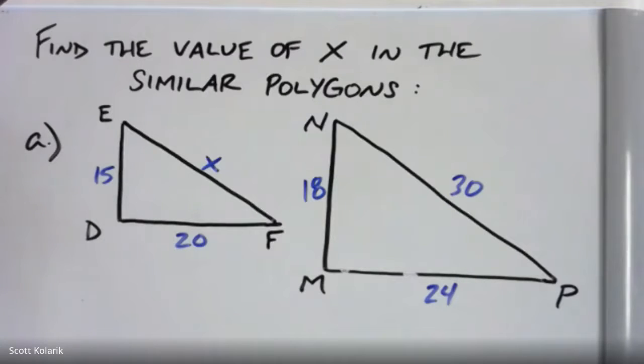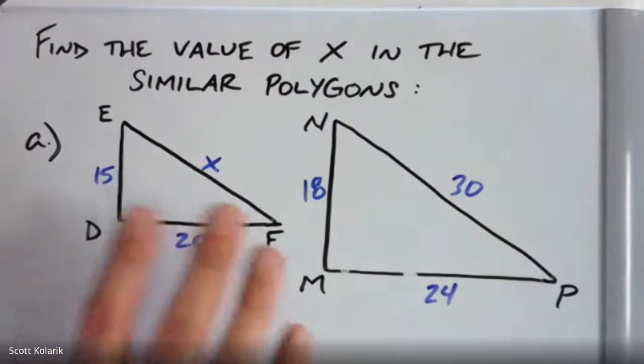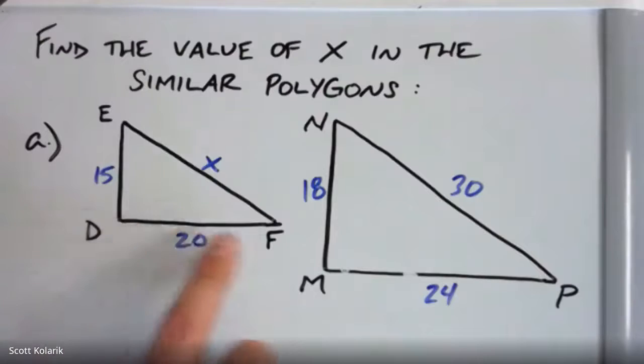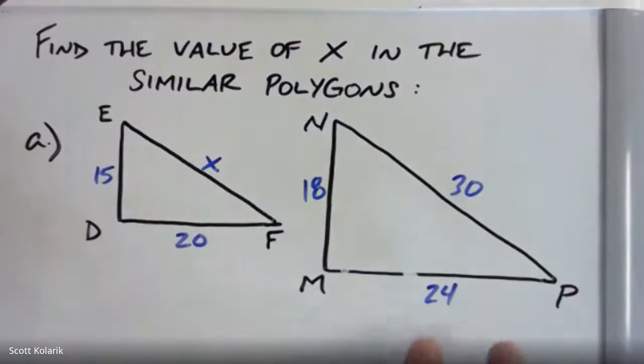Why is that the case? Because the angle measurements ultimately determine the shape of this polygon. There are lots of different ways for me to draw a triangle, and the angle measurements dictate the shape of that triangle. The fact that this is a dilation of this one means that all 3 of the corresponding angles have the same exact congruent measurement, whatever those may be.